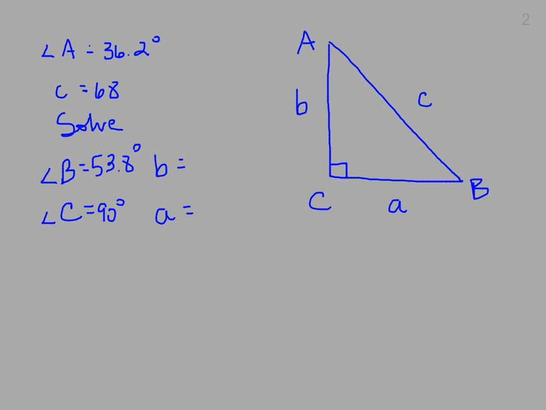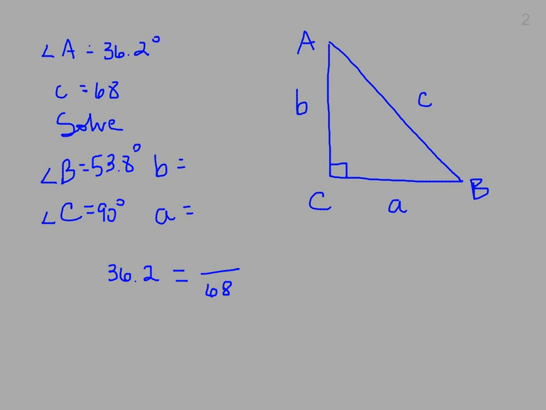Now, in question are the sides, and since we know the hypotenuse, then we can use either sine or cosine to help us solve for the sides. So what I'm going to do is use the angle that I knew in the first place, angle A, just in case I didn't subtract correctly. I'm going to pick which trig function I'm going to use in just a minute. So angle A is 36.2 degrees, and I need to find side A. I know the hypotenuse is 68.